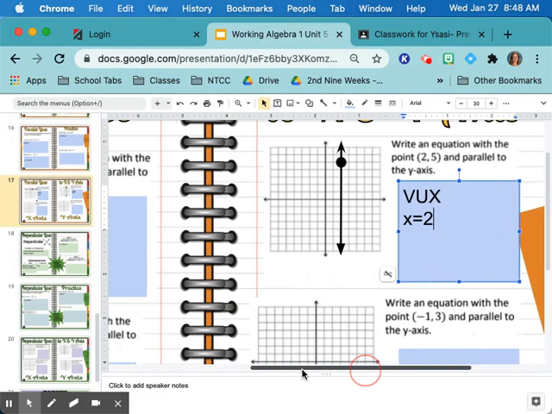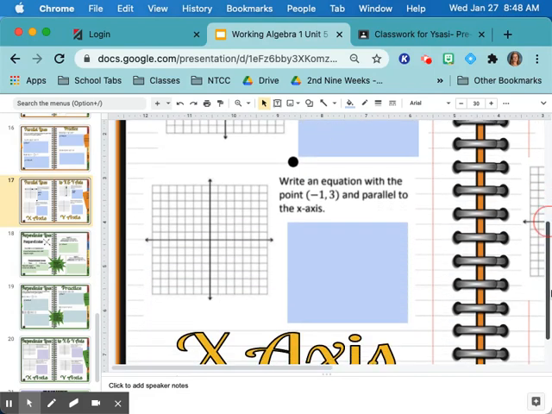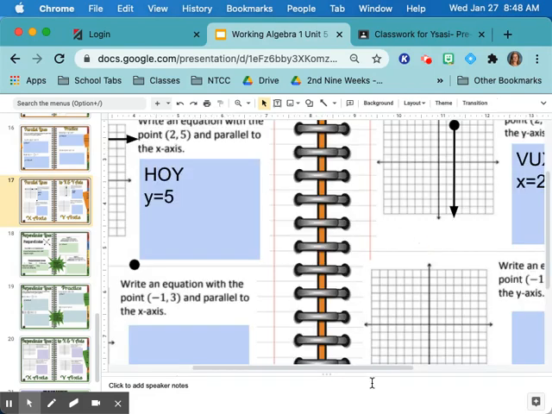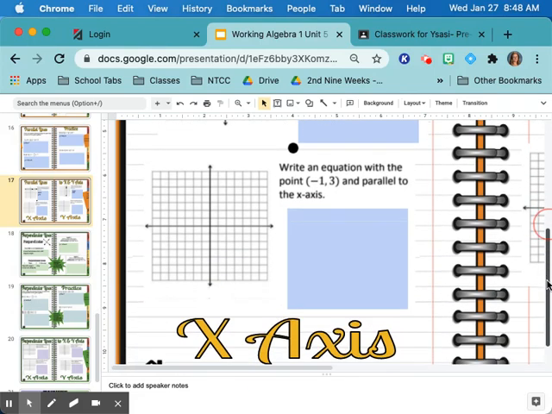Okay, let's go back over here. Write an equation with the point (-1, 3) and parallel to the x-axis. So plot the point (-1, 3), parallel to the x-axis. So how is it going to look? Same slope. Parallel to the x-axis, horizontal or vertical line?